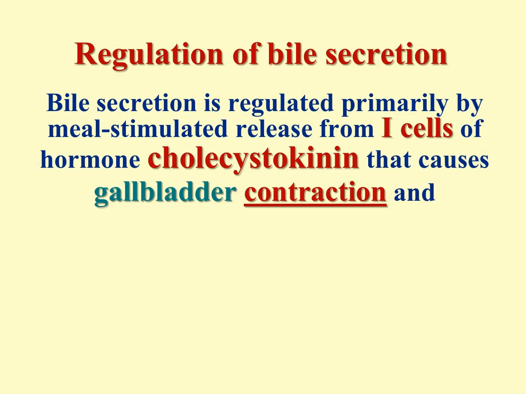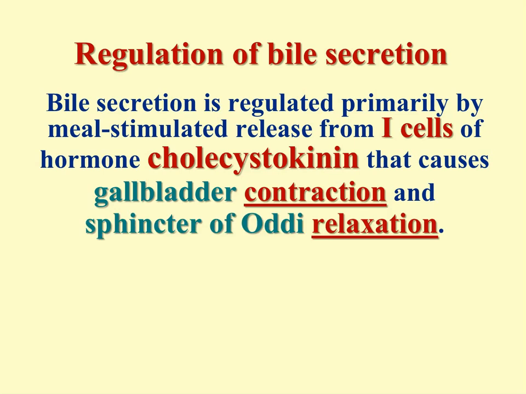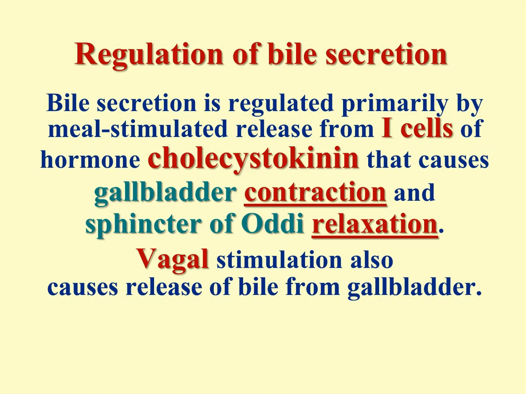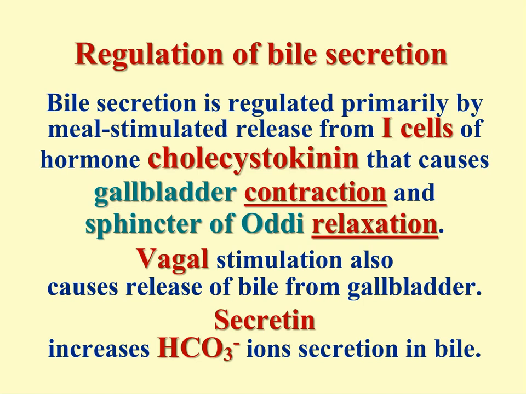It produces its contraction, and at the same time there should be relaxation of the sphincter of Oddi, and so it results in release of bile into the intestine. Vagal stimulation also causes release of bile from the gallbladder, but much weaker. Secretin contributes to a higher amount of bicarbonate ions in bile. So these are the main factors.